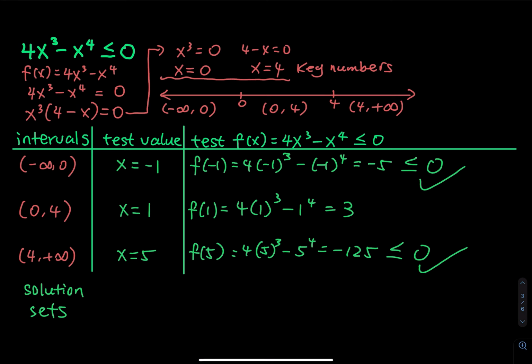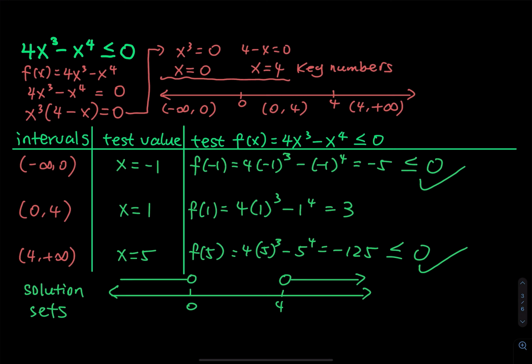And then you draw the number line again: 0, 4, and 4 to positive infinity. It goes all the way to positive infinity, and from 0 all the way to negative infinity. Should I use an open circle or a solid circle? The answer is you should use a solid circle. Why?